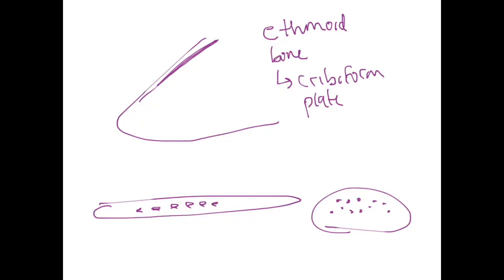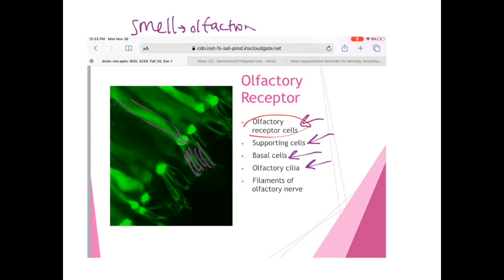And then underneath that, we have this mucosal layer, which is this moist membrane. And within that, I have these olfactory receptor cells. So let's do red for that. So extending through that cribriform plate, through that hole in this mucosal layer, I'm going to have these olfactory receptor cells.